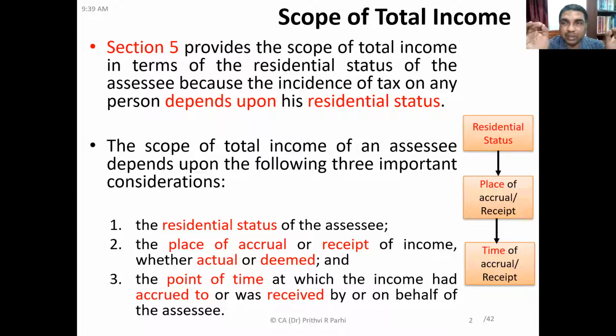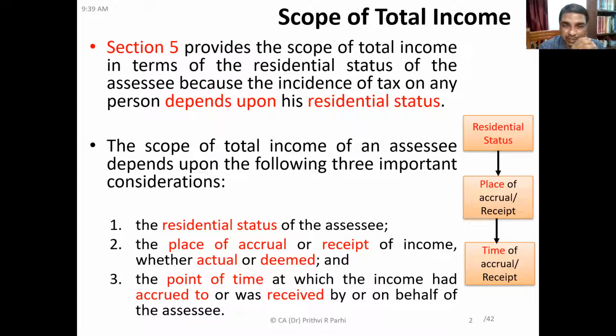There are three important considerations which are relevant to decide the scope of total income. What are the three important points? You can see this box. One is residential status; on that basis, we'll be deciding the total income. Second is the place of accrual, where that income is accruing or where that income is received.